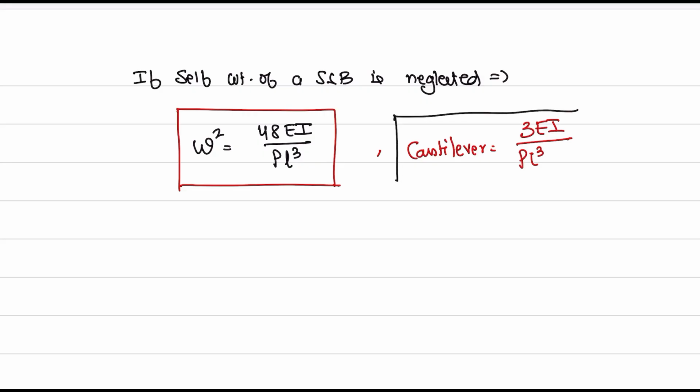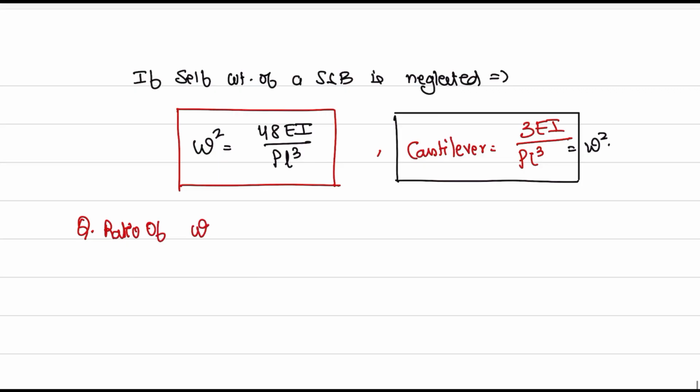There can be a question: what is the ratio of omega, or we can say lowest natural frequency, of SSB to cantilever?